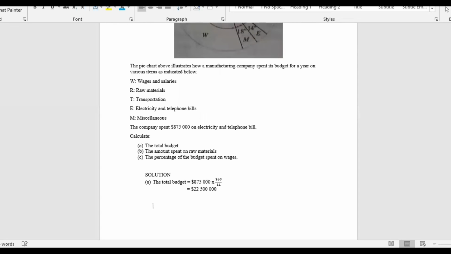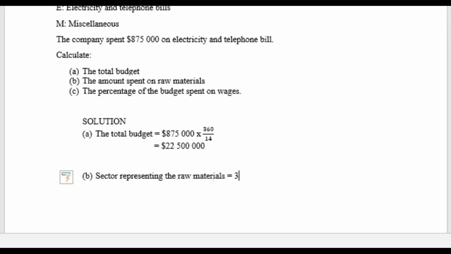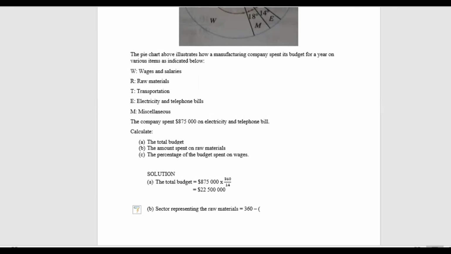Let me put B. We know the total circle, so let me say sector. I'm going to call this sector representing the raw materials is equal to 360 minus the total amount that is given there, and we've got to see what is given. Let me go back up and see what is given.